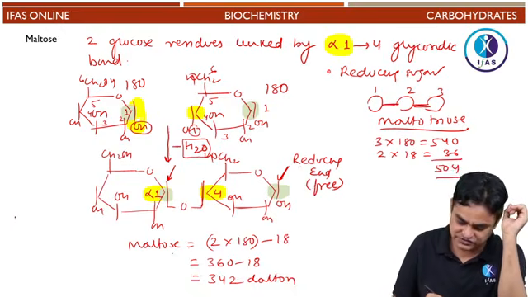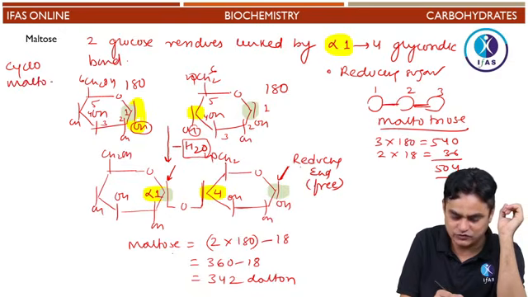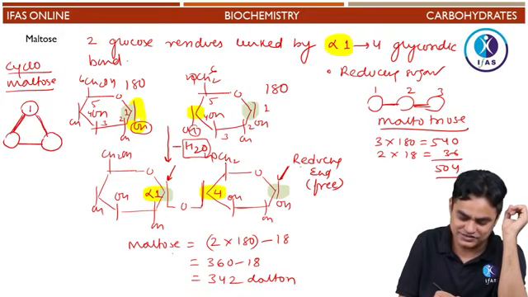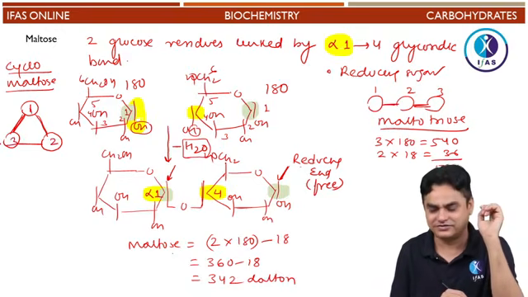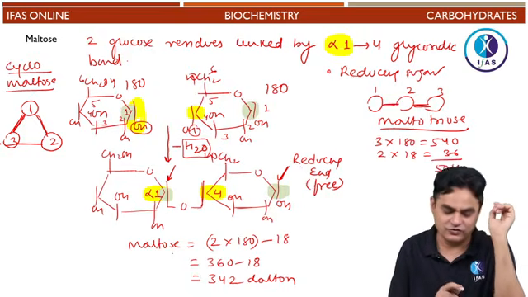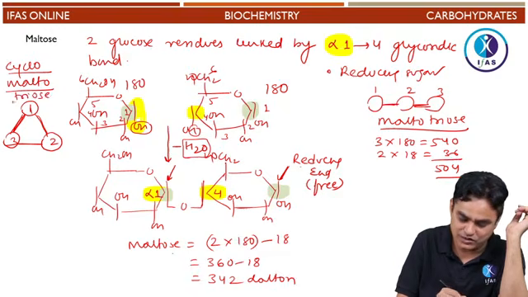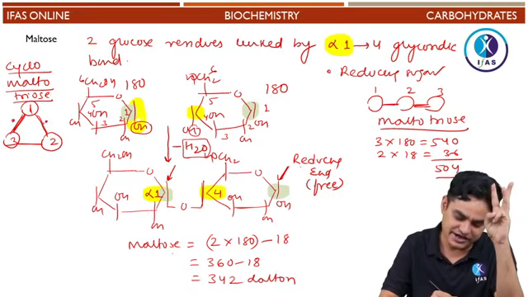But if someone tells you that it is a cyclomaltose, what would be its molecular weight? Cyclomaltose means it would be like this. This is cyclomaltose. So in cyclomaltose, you can see that there are 3 sugars, or cyclomaltotriose. If there is a cyclomaltotriose, there are 3 sugars as well as 3 glycosidic bonds.